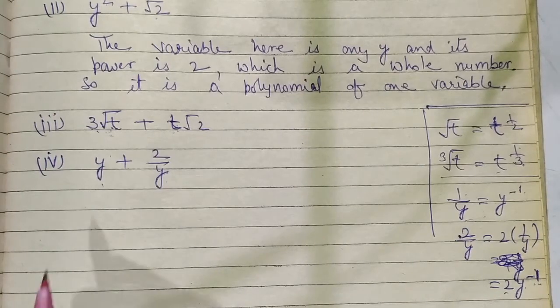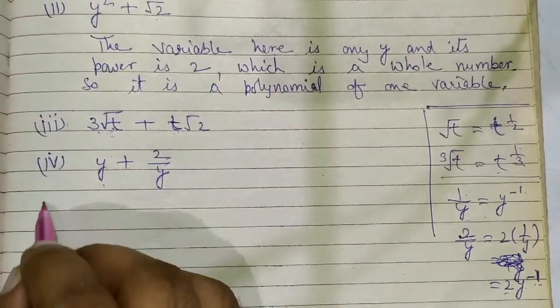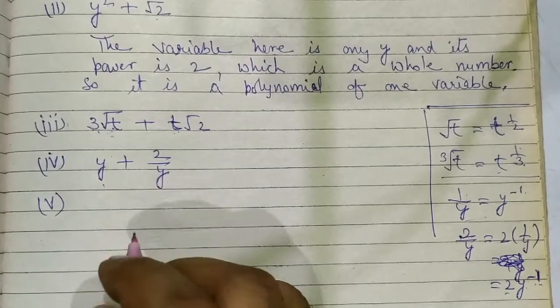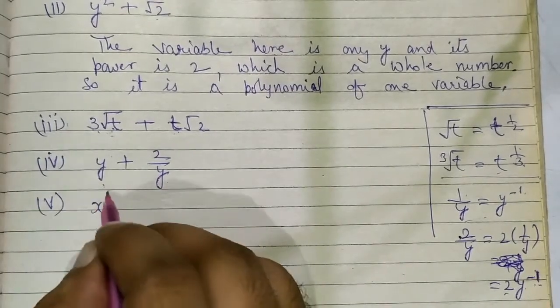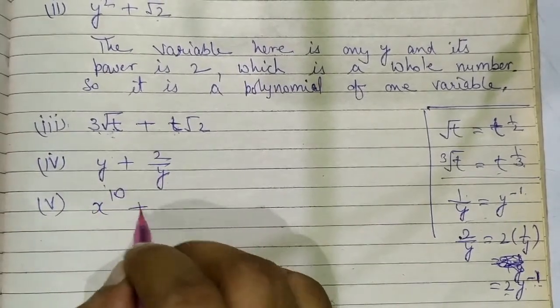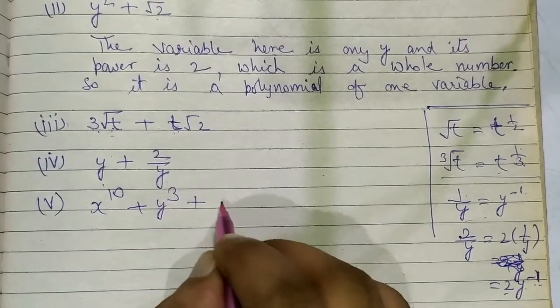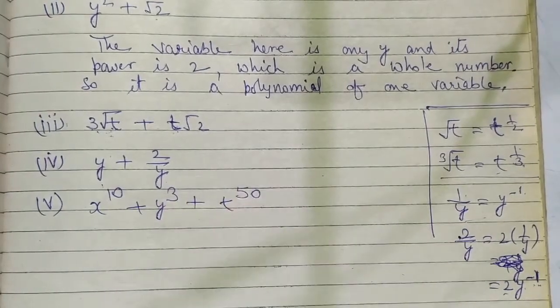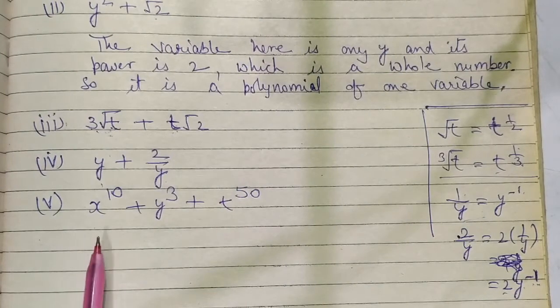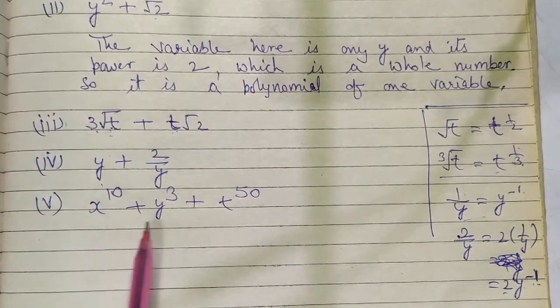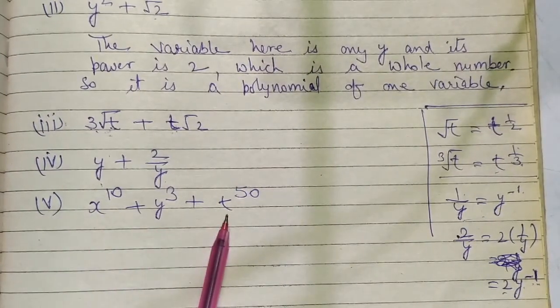Okay, so we have solved third and fourth also. Now let's note down the fifth one. The question here is x raised to the power 10 plus y^3 plus t^50. Now here as we can see, the variables are x, y and t, right?